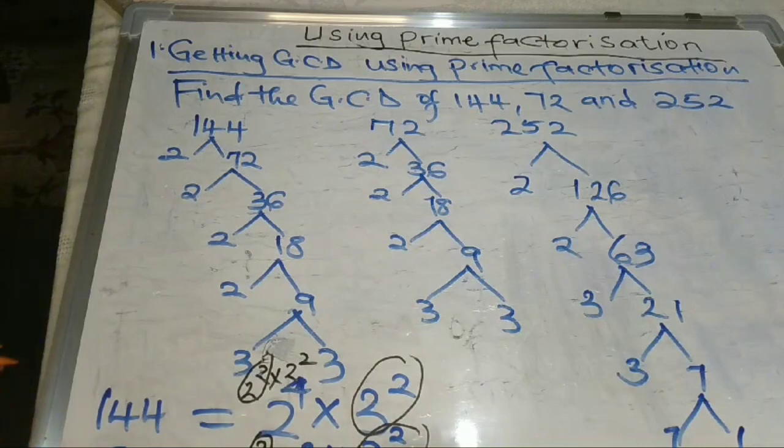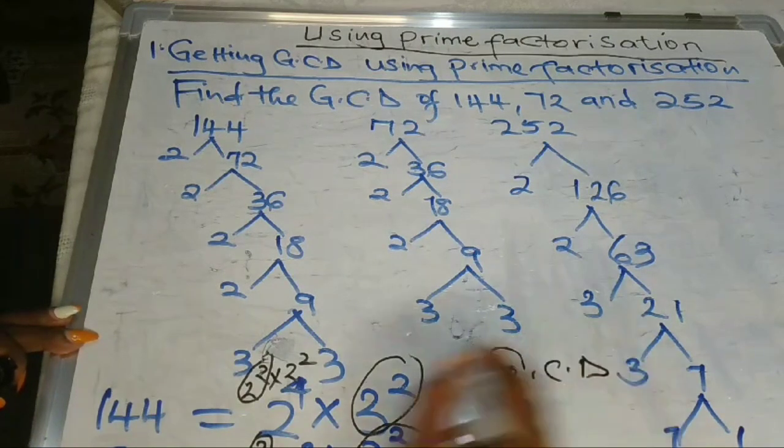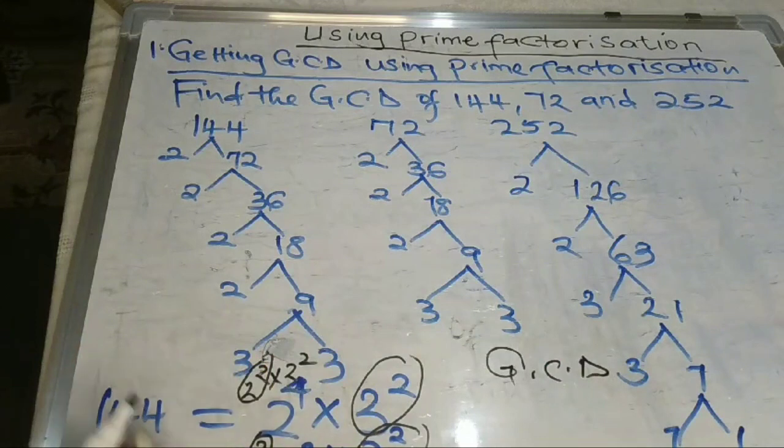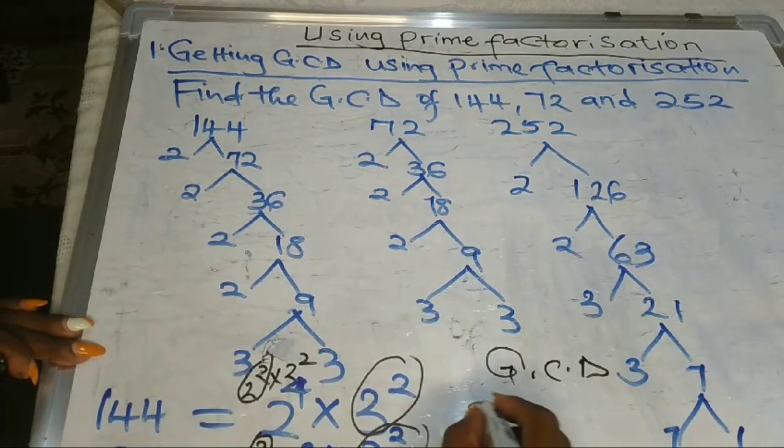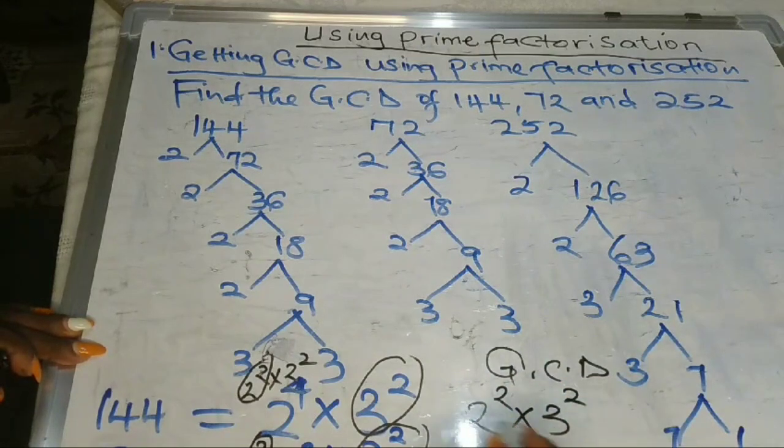So our GCD is going to be equal to the common factors in the three numbers, which are 2 power 2 times 3 power 2, which is going to give us 9 times 4, which is 36.